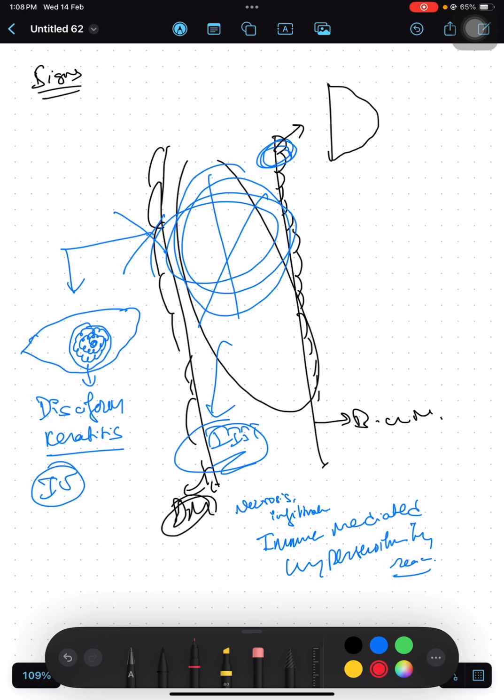What we can see is superficial punctate keratitis. Superficial punctate keratitis. So I hope this much is clear.